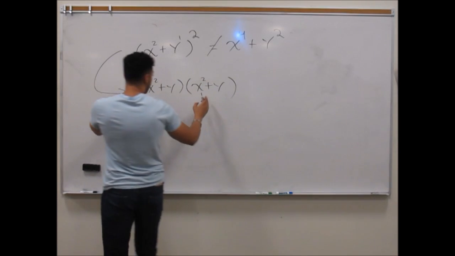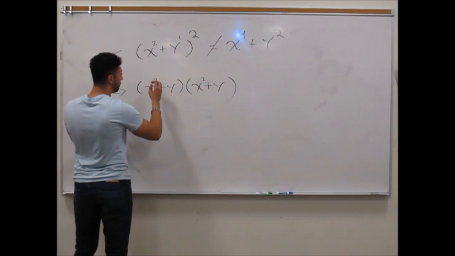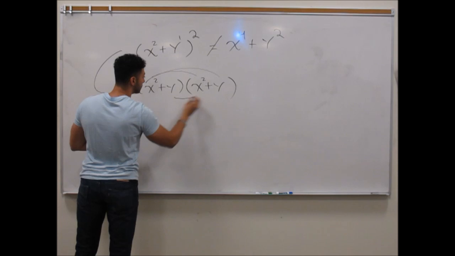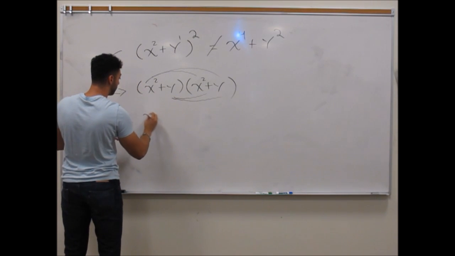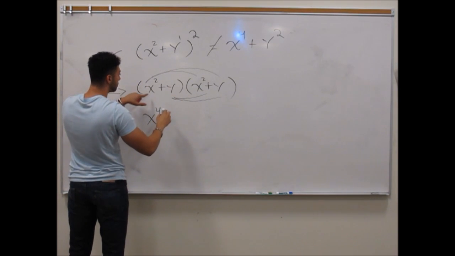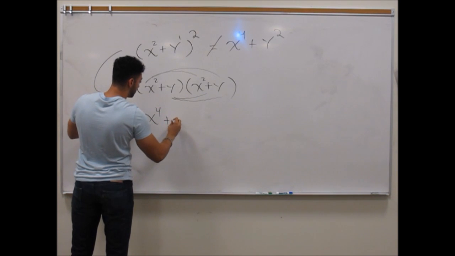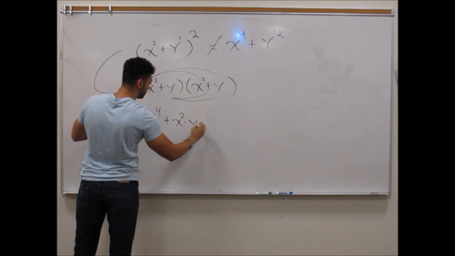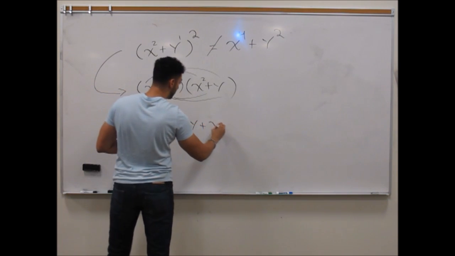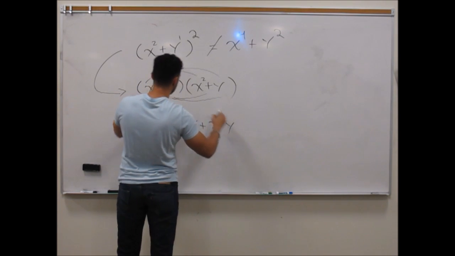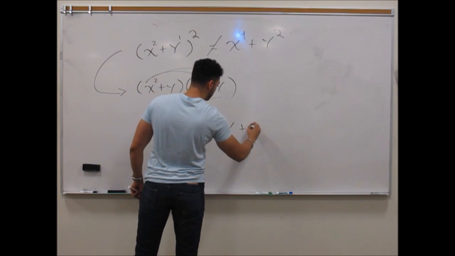But really quick, if you wanted to get the correct answer, we would FOIL this out. So we would get x to the 4th plus x squared y plus another x squared y plus y squared.